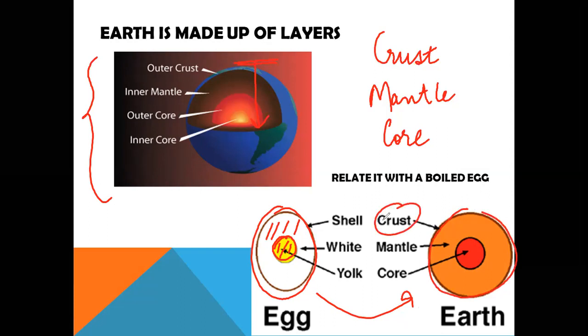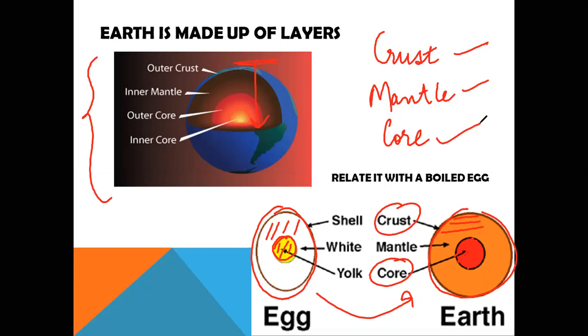The layer beneath the crust is called mantle, and further the innermost layer of the earth is called core. So through this we know the 3 layers of the earth are crust, mantle, and core.